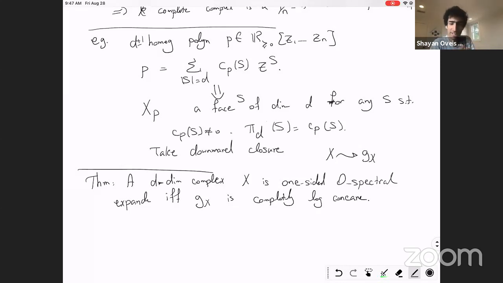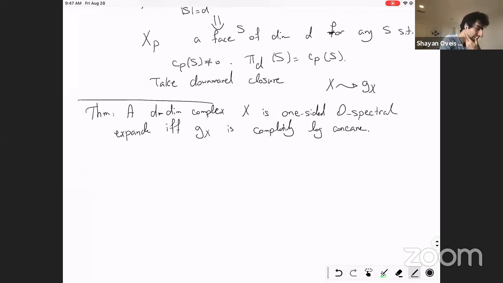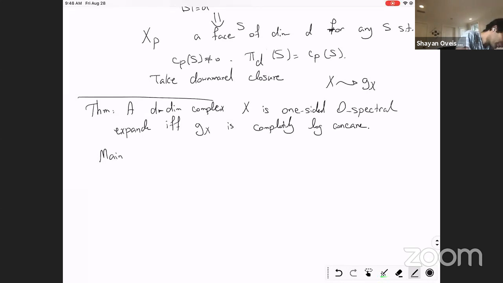That seems shocking at the moment, probably, but I don't have time to give you the full proof of it. It's in the notes, you can read it. But let me just say the main idea. Let's say you look at X itself. The same is true for the links, but let's look at X itself.